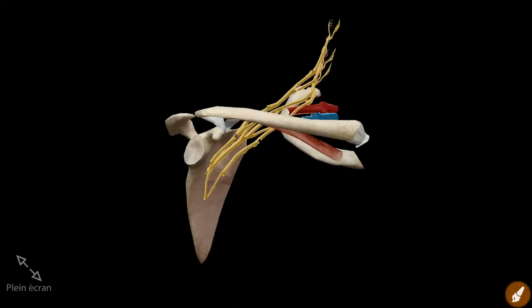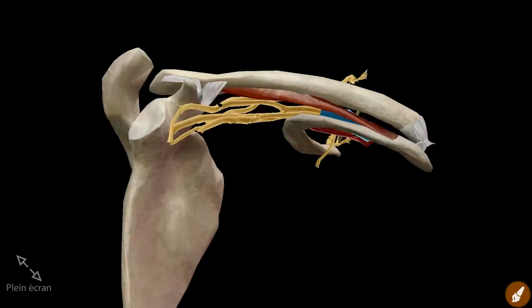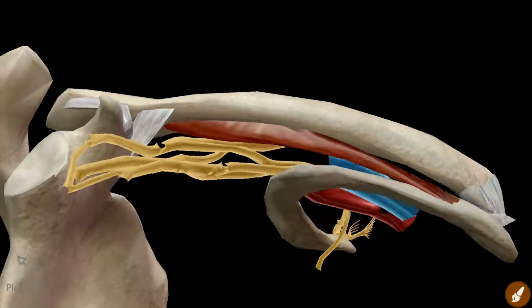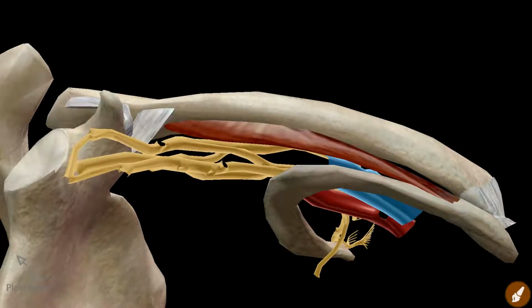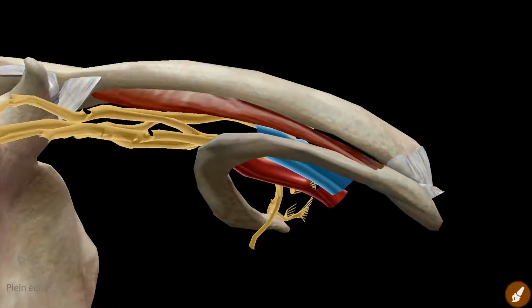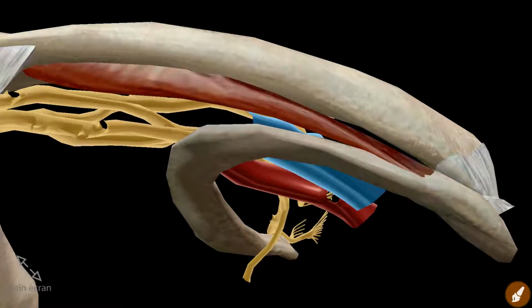Now we are going to describe the inferior surface. As we said before, the inferior surface is rough. The costoclavicular tuberosity is a medial, broad, irregularly roughened surface that anchors the costoclavicular ligament.